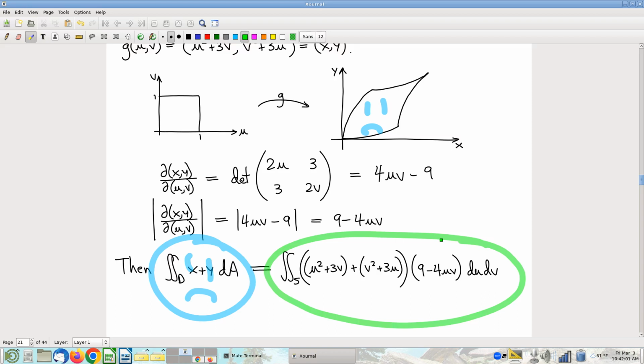But our domain here is a unit square, everybody's favorite domain, constant bounds. It's really nice. So, a much more desirable integral to compute. Everybody cool? Yeah. All right.